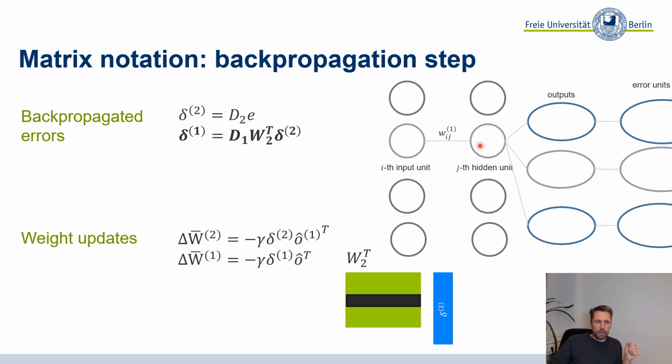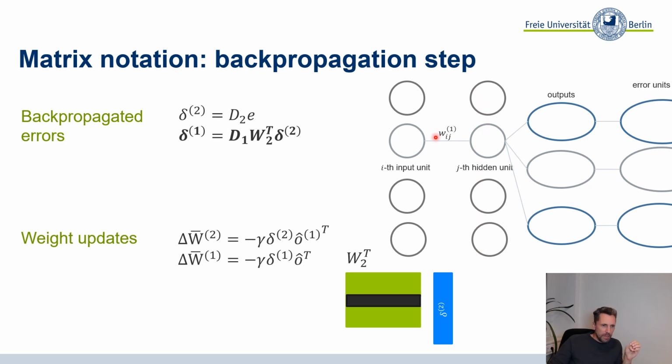And of course this matrix-vector product will result in a vector that we have to multiply with the stored derivatives that we have already organized in this diagonal matrix D1. And so this product here will give us the backpropagated error until the layer of hidden units.